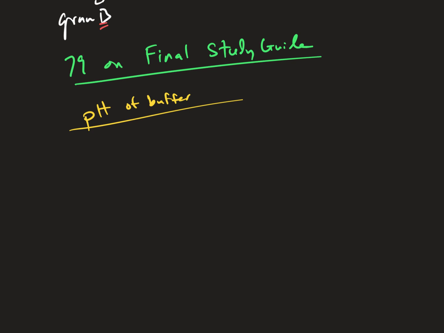The equation is right here at the bottom: H plus concentration is equal to Ka times HA, our weak acid, over A minus, our weak base. We're dividing them, so the volume is going to cancel anyway. So you can have either molarity or just moles.